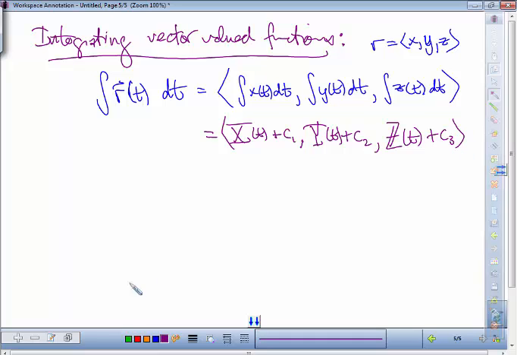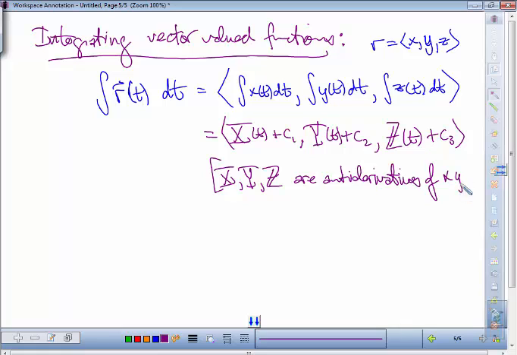And so, let me just make a note here just so we're clear: capital X, Y, and Z are the antiderivatives of x, y, and z.